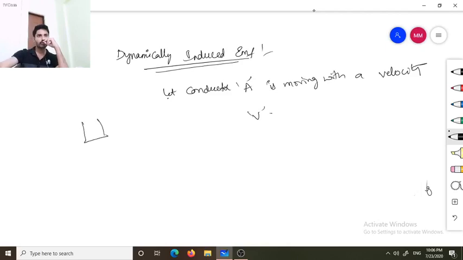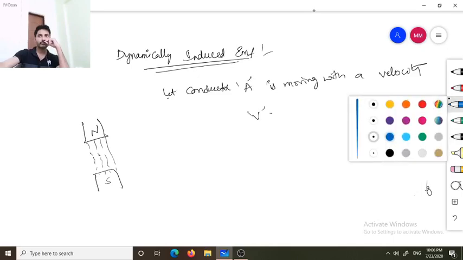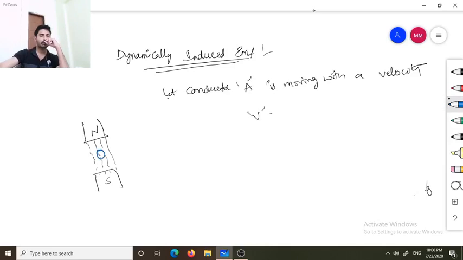Suppose these are the stator poles. In between there are magnetic lines of force like this. I am placing a conductor like this. This is conductor A, and it is moving parallel to the lines of force.